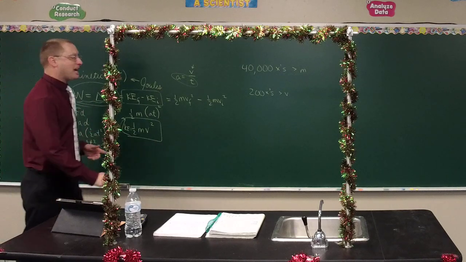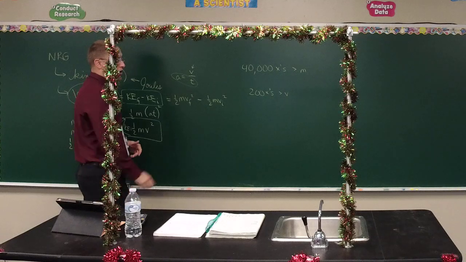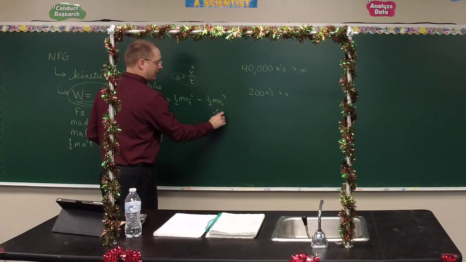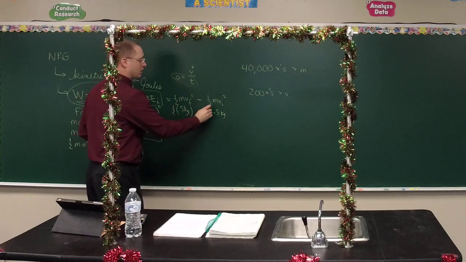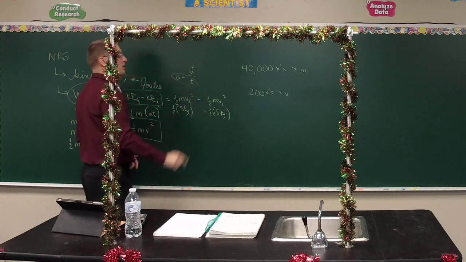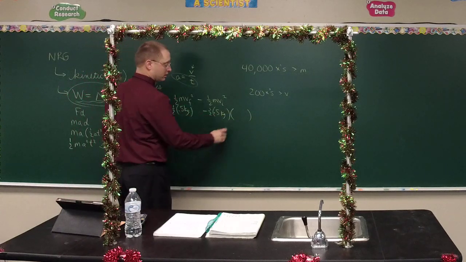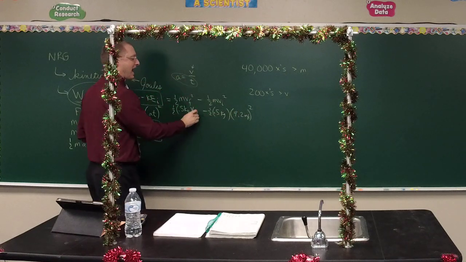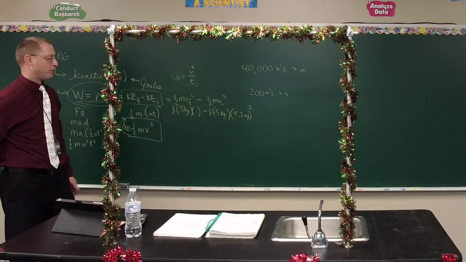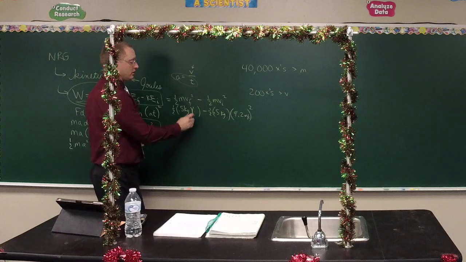All right, so to find work, since it's a change in energy, we can take the hammer's energy. The hammer has a mass of 0.5 kilograms, and that's going to be in both cases. The velocity of the hammer initially was 9.2 meters per second. We're going to square that. After the hammer hits the nail, hammer comes to a stop. What's the hammer's velocity after it hits the nail? 0.